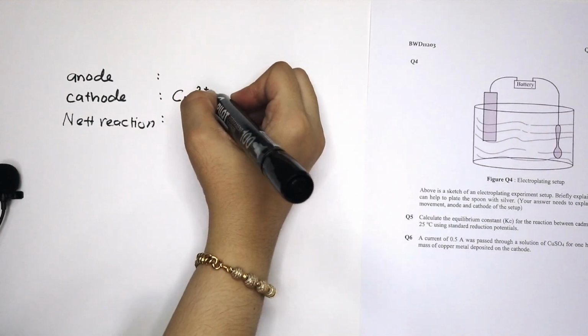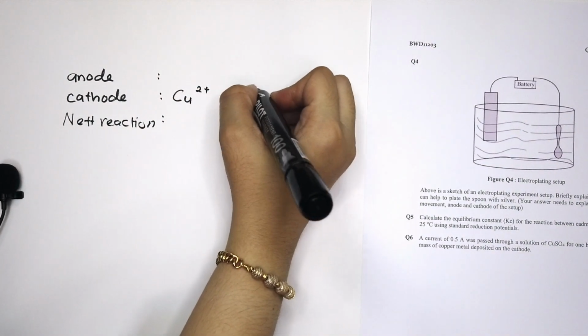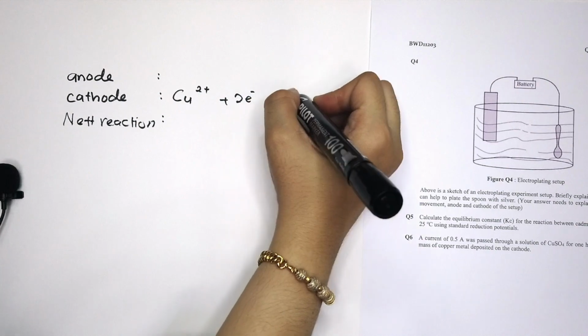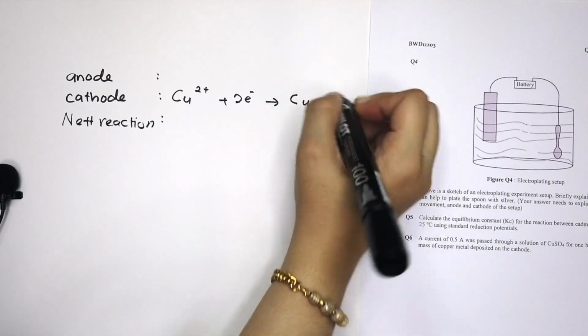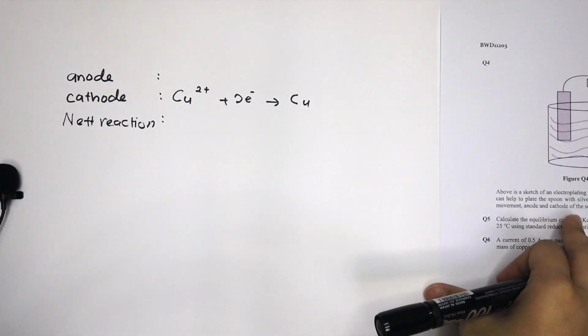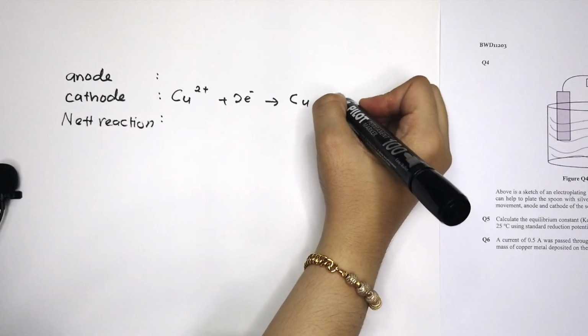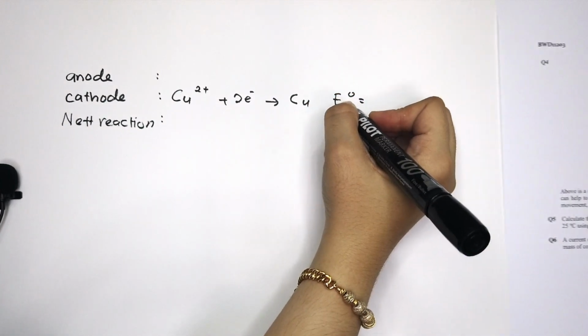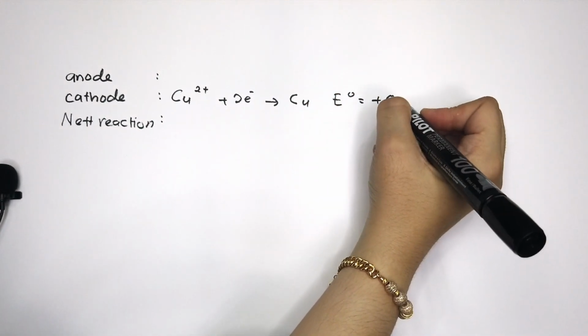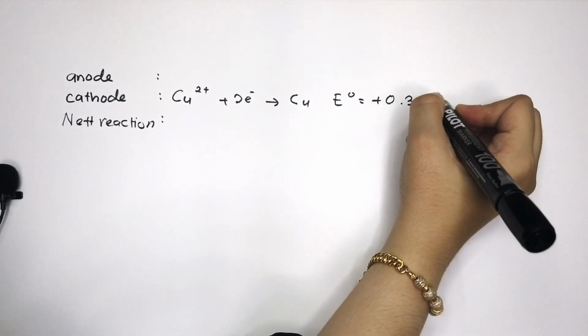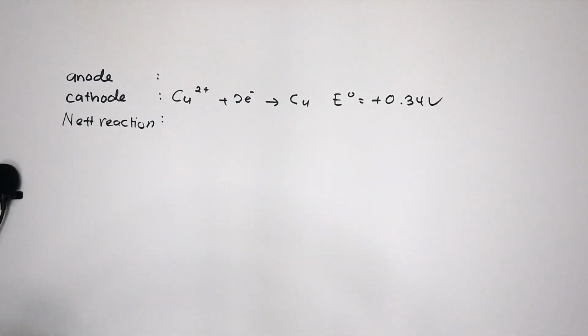It's easy. So Cu2+ plus 2 electrons gives solid copper, with E cathode equivalent to positive 0.34 volt.